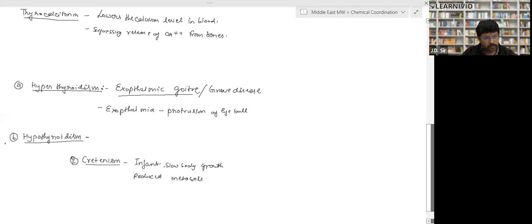Slow body growth, reduced metabolic rate, stunted growth, and pigeon chest. Retarded sexual development.